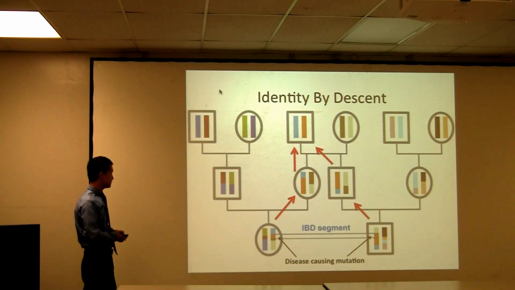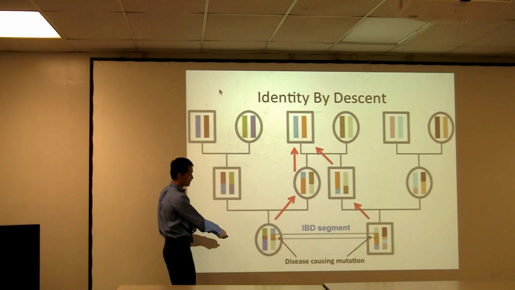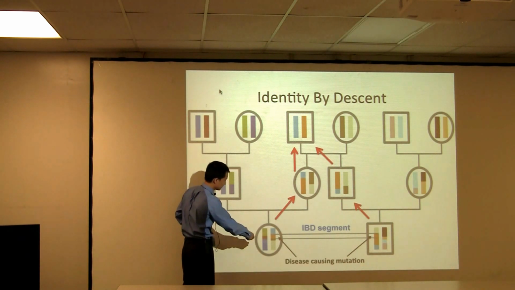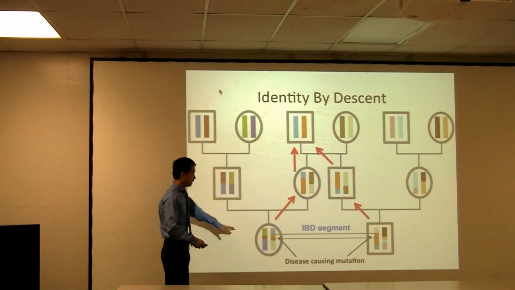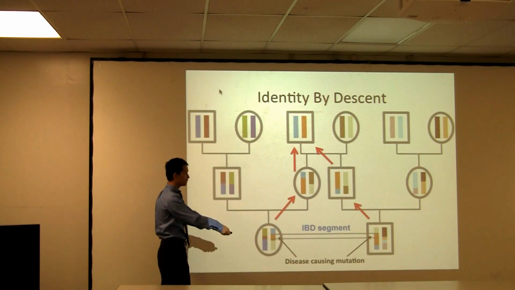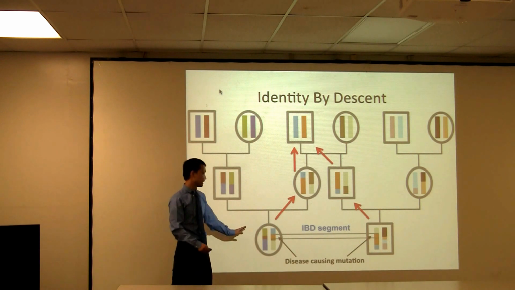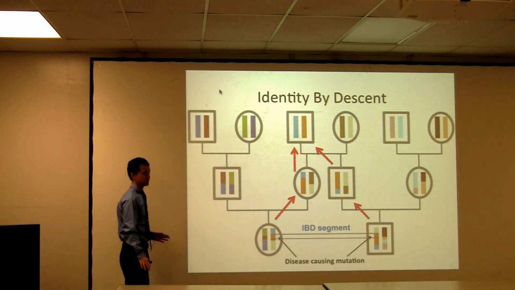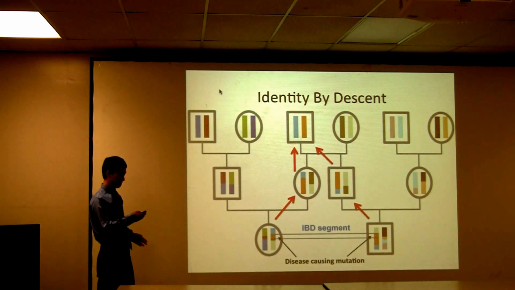It will be very interesting if there's a disease-causing mutation in this IBD segment, because then all the individuals that share IBD status will have similar disease status or phenotype value.